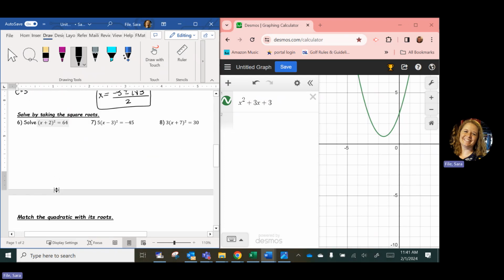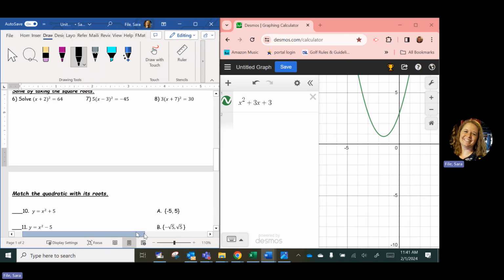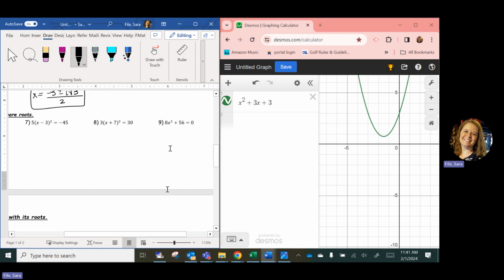All right, now 6, 7, 8, and 9 are having us practice by taking the square roots. Remember, you can only use the square root method when your function doesn't have more than one x term. So like here, there's only x squared.